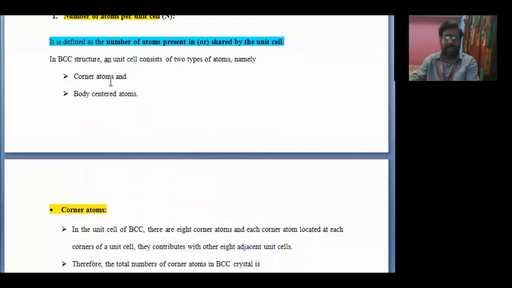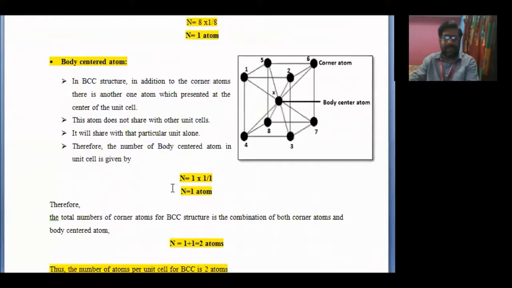Here, in addition to the corner atom, there is 1 body-centered atom. This atom is located on the body diagonal at the center of the unit. The center atom will not be shared with other unit cells. So it will contribute to its own unit. We can write n is equal to 1 into 1 by 1. N is equal to 1 atom.